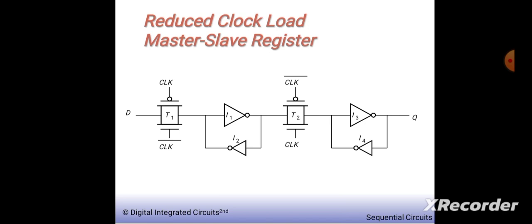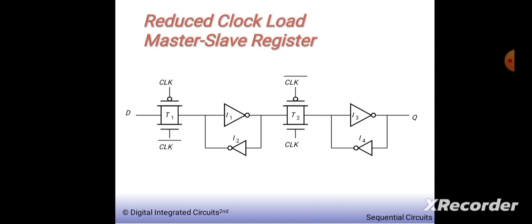In order to reduce the clock load, you can slightly modify the circuit like this. You can see the same master slave D latch. Here we modified it in order to reduce the clock load. Two inverters are connected back to back at the output of your master side as well as the slave side.